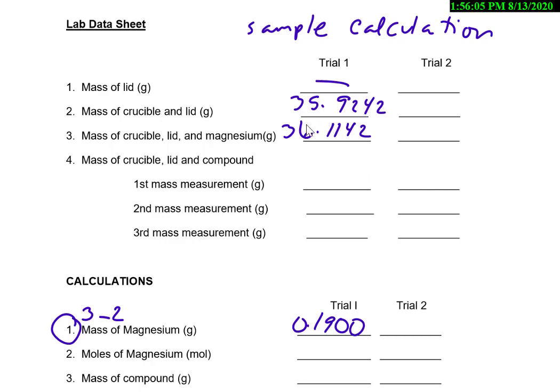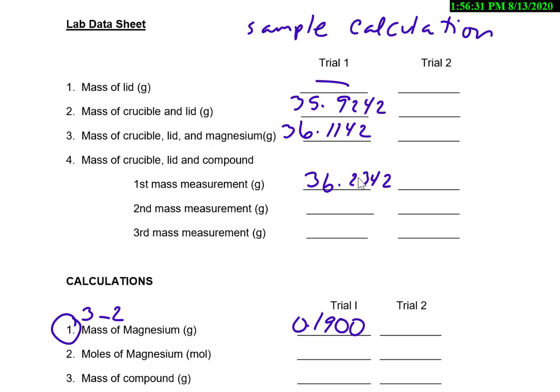Okay, what we would then do is burn this crucible with the magnesium, and the mass would begin to increase because oxygen is coming into the crucible and forming a compound with magnesium. So the mass rises. So after our first heating, let's say our new mass was 36.2342.